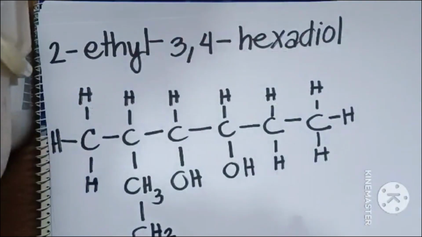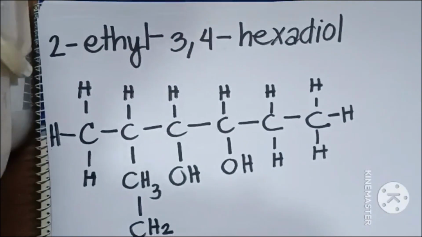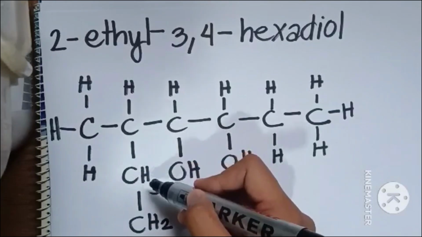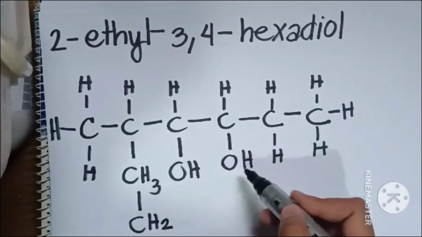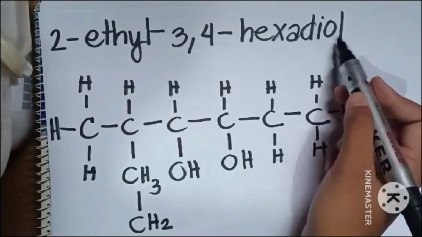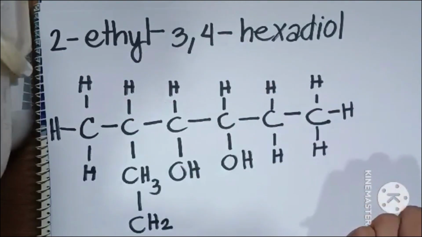So this is the expanded structural formula of 2-ethyl-3,4-hexadiol. Hexadiol denotes 2 alcohol groups. So this is the expanded structural formula of it.